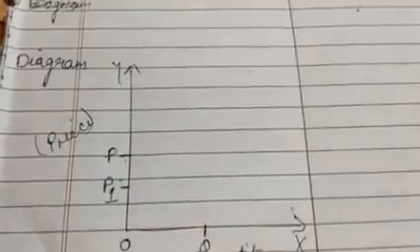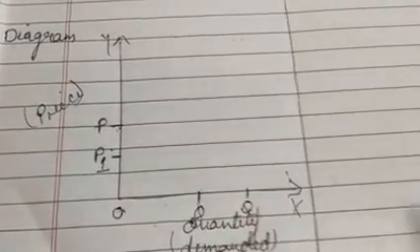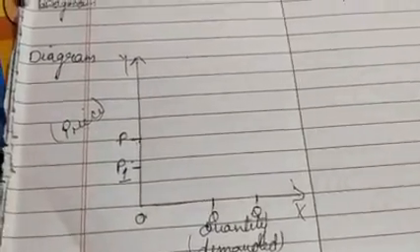So price is falling from OP to OP1. If price will fall from OP to OP1, what will happen to quantity? Quantity will rise from OQ to OQ1. Is it clear? OQ1.